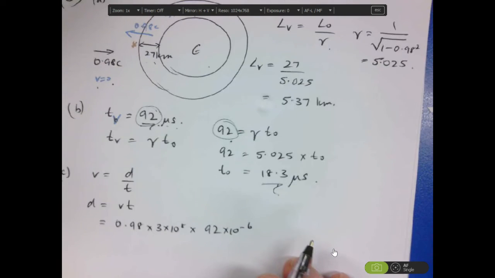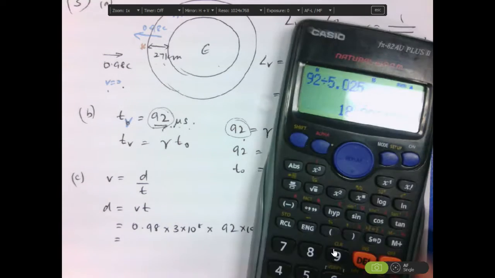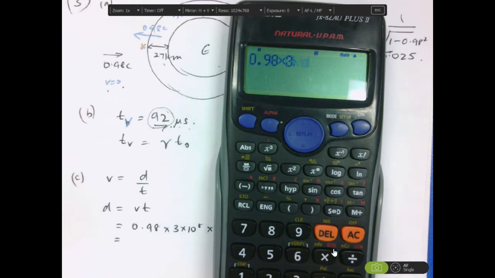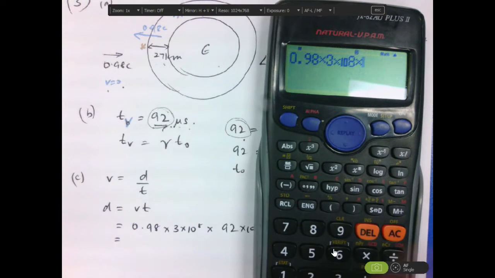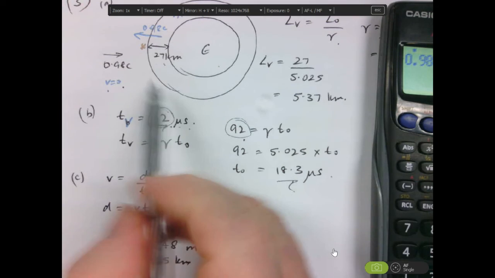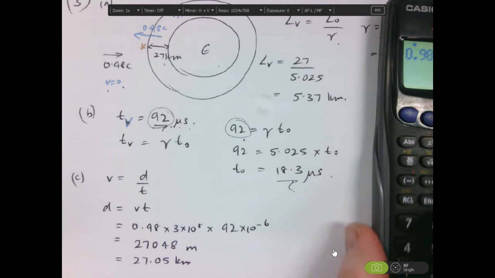So it's going to travel 0.98 times 3 exponent 8 times 92 times 10 to the -6, a distance of 27,048 meters, which is 27.05 kilometers, which is the entire distance of the atmosphere.